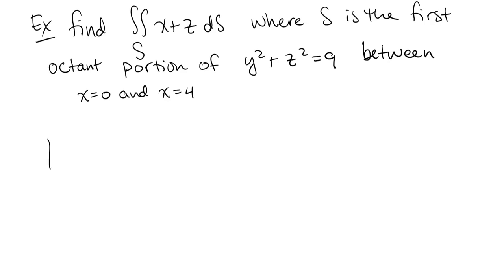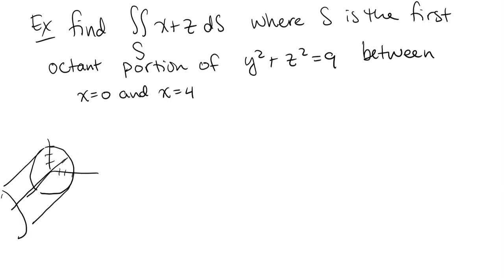So let me sketch that surface for us really quick. This is a cylinder in the YZ plane. It's all concentric circles with radius of 3, and then it runs parallel to the x-axis.